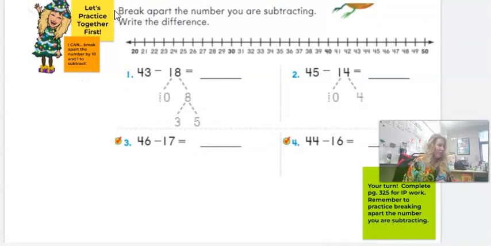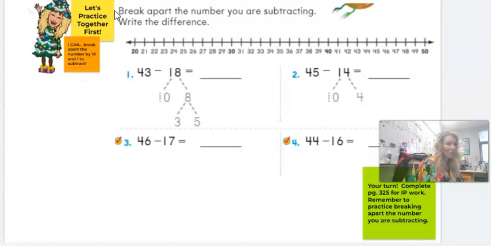Ooh, what are we doing here? Subtraction. Who remembers those fancy words connected to subtraction? Yes, sir. Difference is what? Yes, the difference is an answer to a subtraction problem. What about those other 2 fancy words?